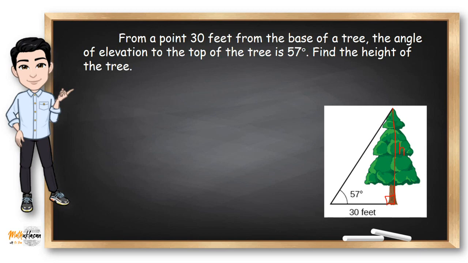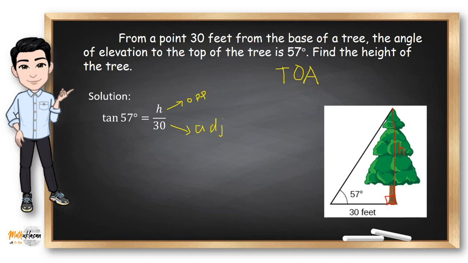From the SOHCAHTOA, anong pwede natin gamitin? Yes, we can use the tangent because tangent is equal to opposite over adjacent. So, our formula will be tan 57 degrees equals h, which is the opposite side to the reference angle 57 degrees, over 30 as the adjacent side.